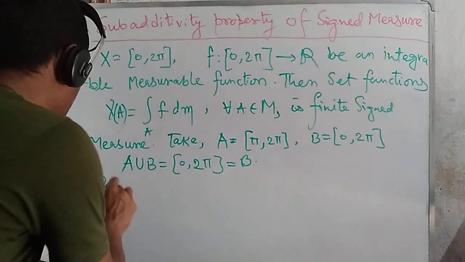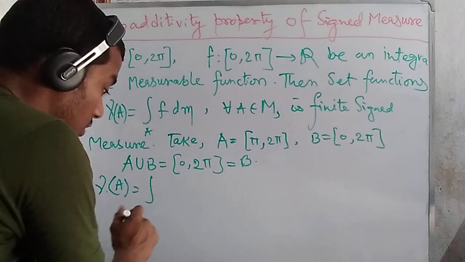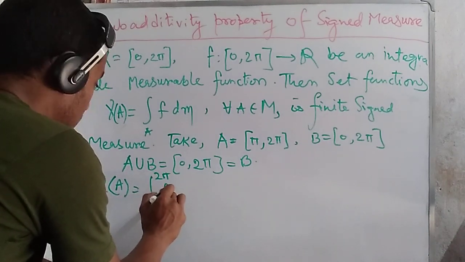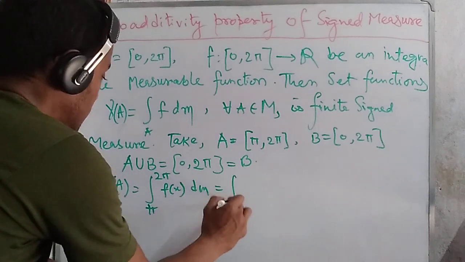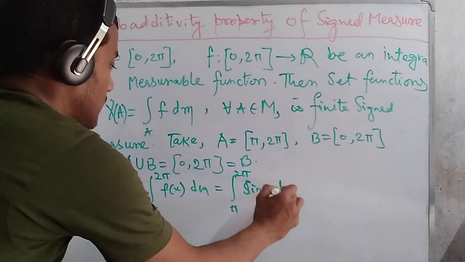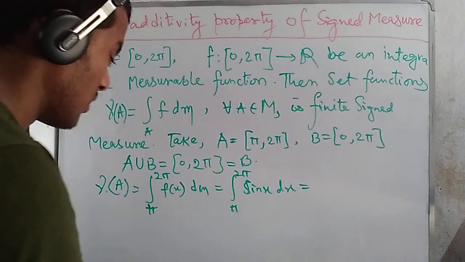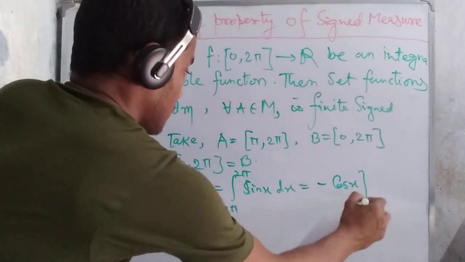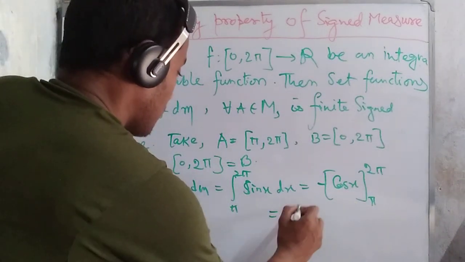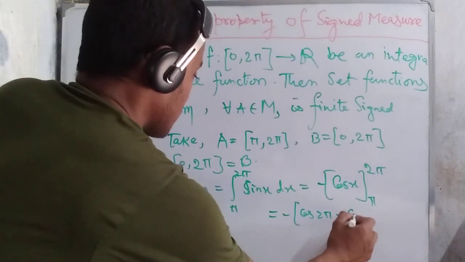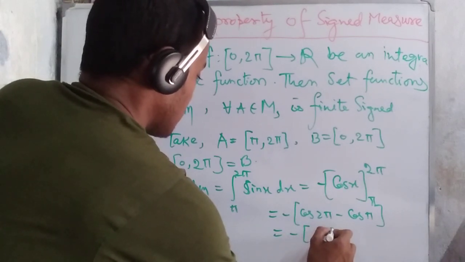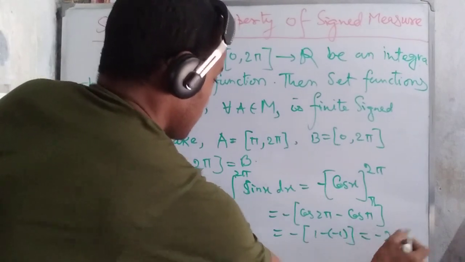Now gamma A equal to the integration of pi to 2 pi of f x dm, equal to the integration of pi to 2 pi of sin x dx, equal to minus cos x from pi to 2 pi, equal to minus cos 2 pi minus cos pi, equal to minus 1 minus, here minus 1, equal to minus 2.